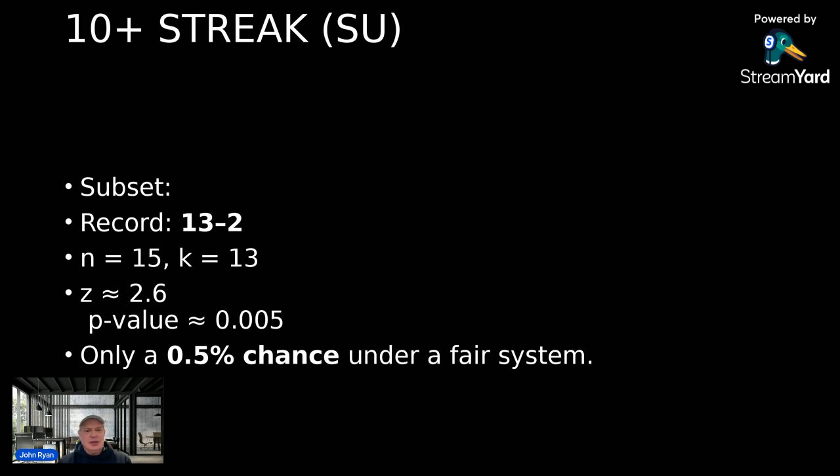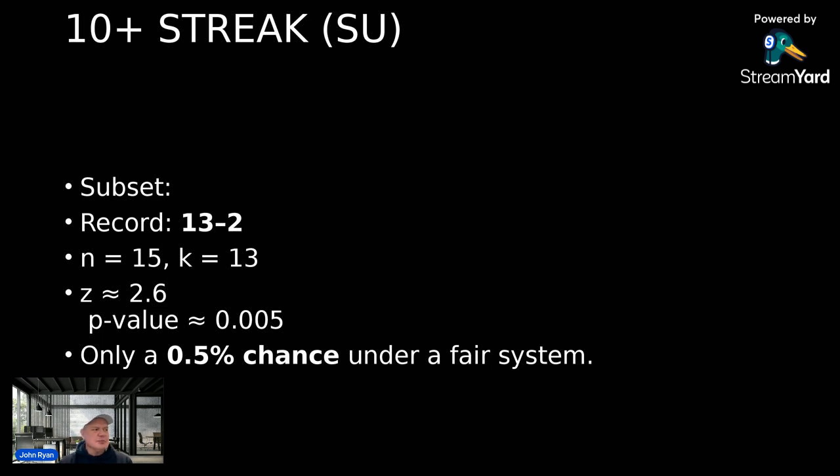So in this situation, we have a subset of 10 plus wins, 13-2, even smaller sample size, obviously, but a much higher win percentage. And the p-value is calculated, the sigma is 2.6, which is extraordinarily rare. The p-value is 0.005.